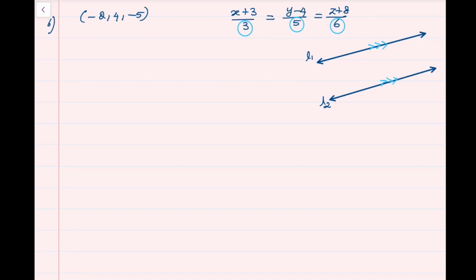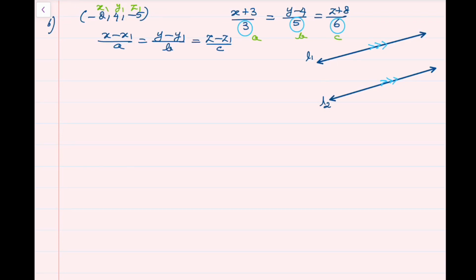Let us write the Cartesian equation of this line. (x minus x1) divided by a equal to (y minus y1) divided by b equal to (z minus z1) divided by c. x1, y1, z1 is the given point. And a, b, c are the direction ratios of the line.